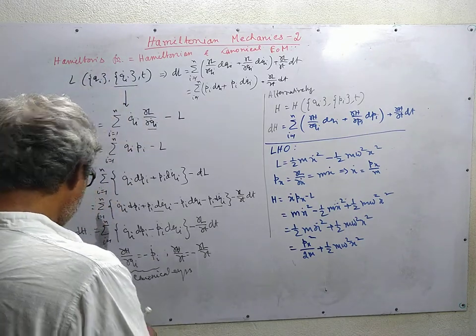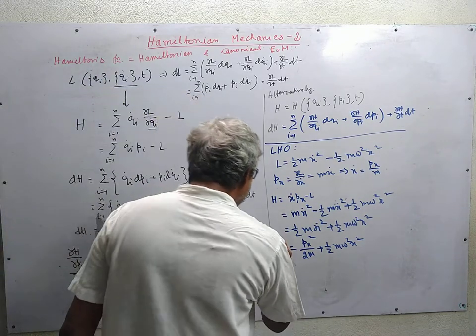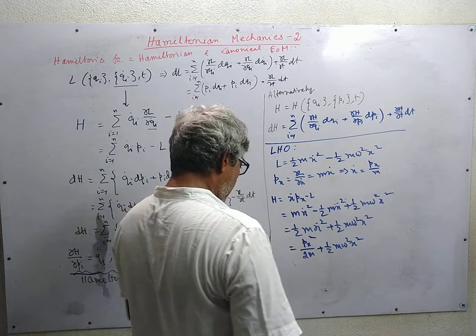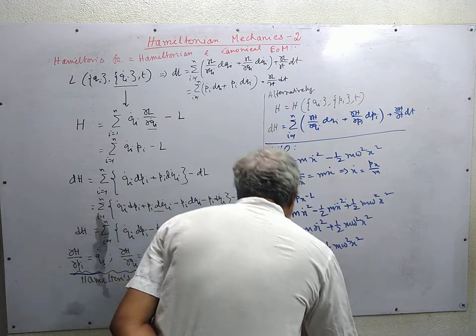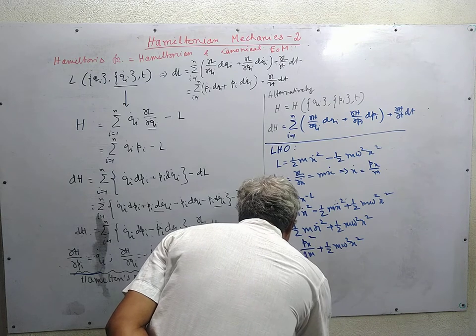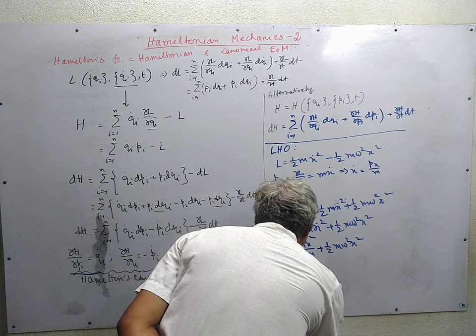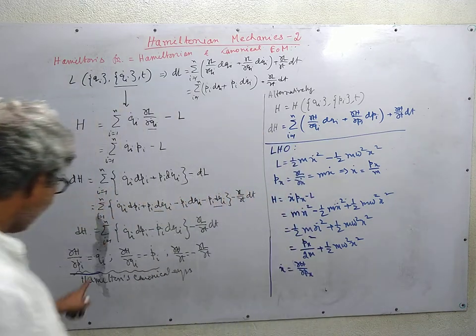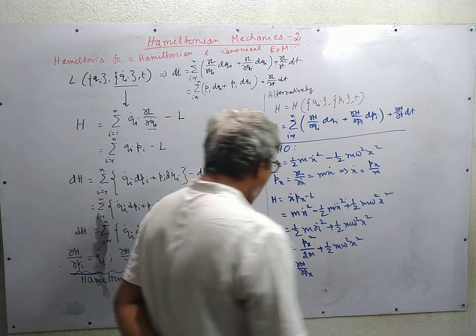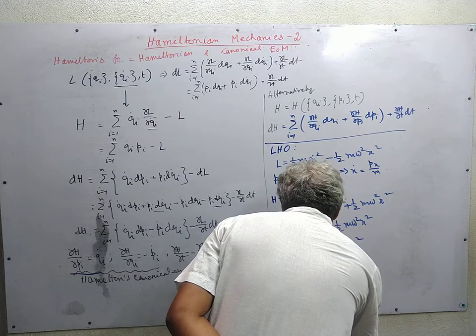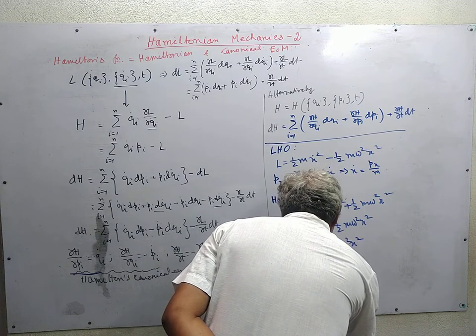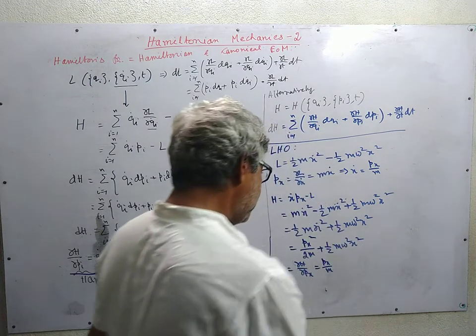Now coming to Hamilton's canonical equations. x dot is ∂H/∂Px with a plus sign, so we get Px by m. This is the equation we know.